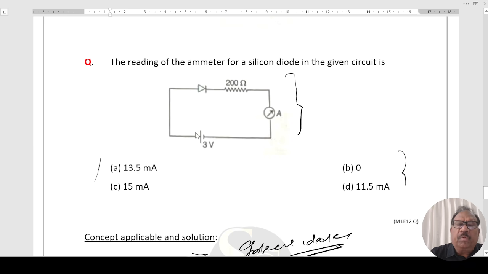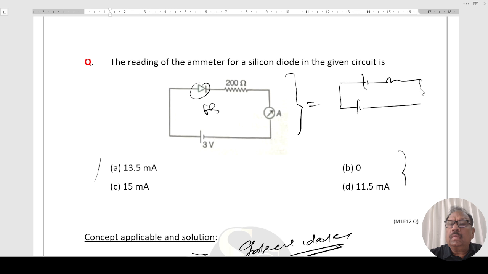Now, as this positive is connected with the positive, this is forward bias. So this circuit can be reduced to this, as conduction is being allowed. This is 0.7 volt, this is 3 volt. This is 200 ohm.